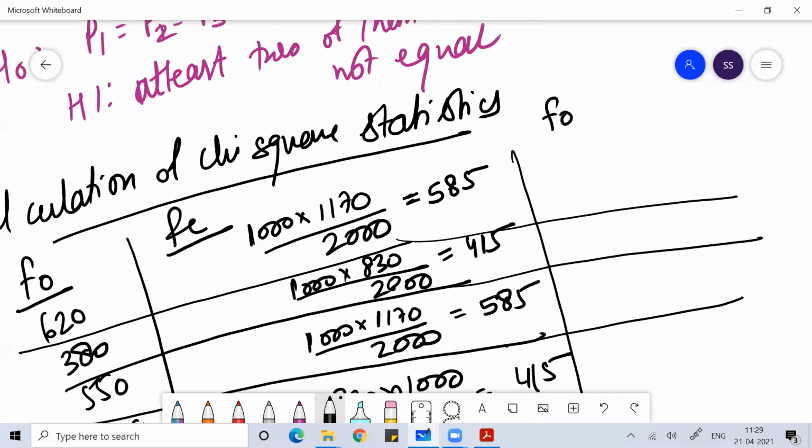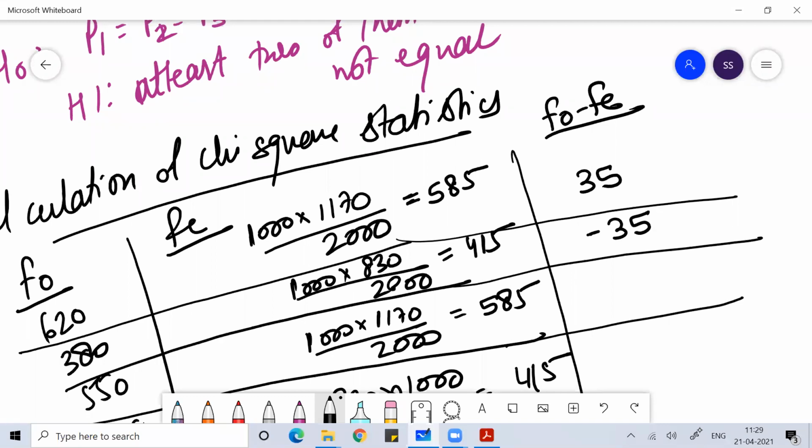Now you can find f naught minus fe. So 620 minus 585 is 35. For 380 minus 415 you get minus 35.